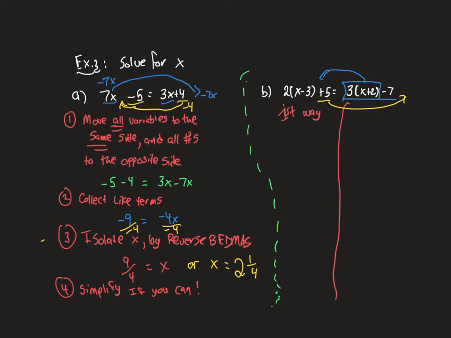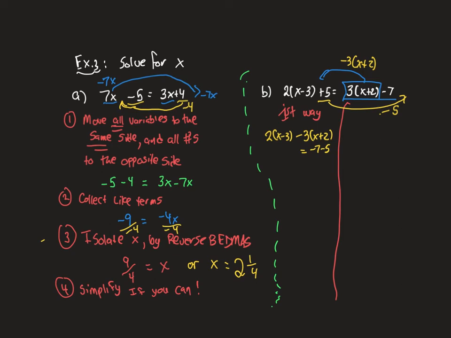And I do that by, well, I'm going to subtract 3x plus 2 from both sides. And to bring that plus 5 to the other side, I'm going to subtract 5 from both sides. So that's going to leave me with 2x minus 3 minus 3x plus 2 is equal to minus 7 minus 5.